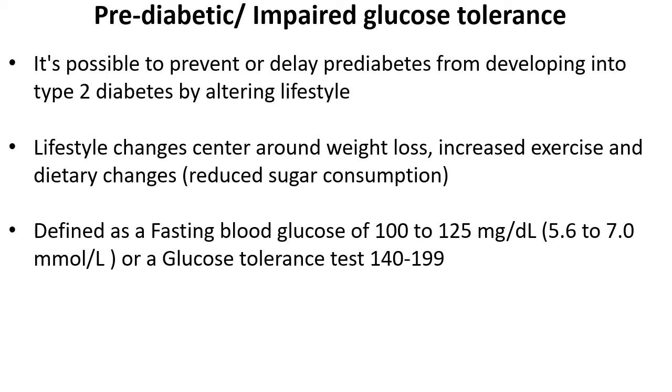So when we say impaired glucose tolerance, what we're really saying is, the cells are starting to show some insulin resistance, and we're starting to see just some mild increases in your serum glucose level.